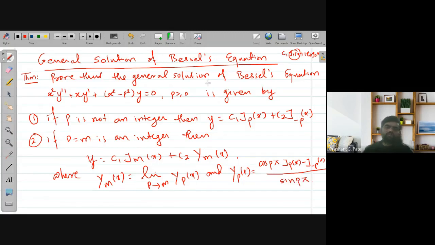So this is the expression for which it is a general solution.